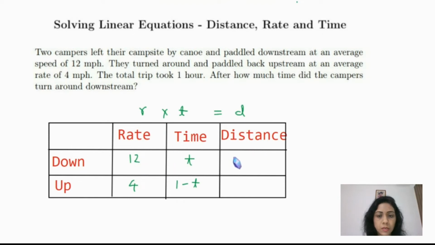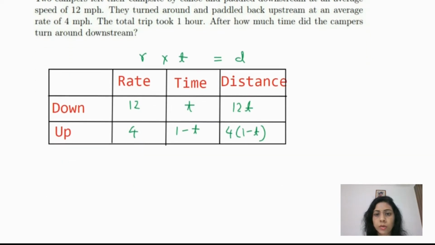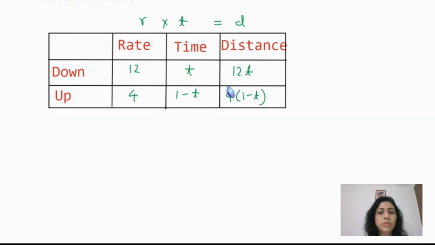So 12 times t, 12t, okay, and 4 times (1 minus t). We can solve this later, or you can solve it here. Okay, your choice. You can use the distributive property.